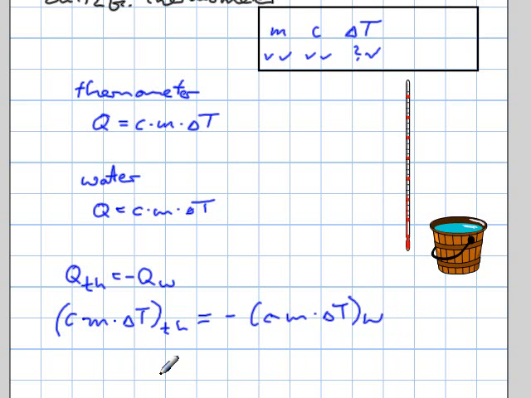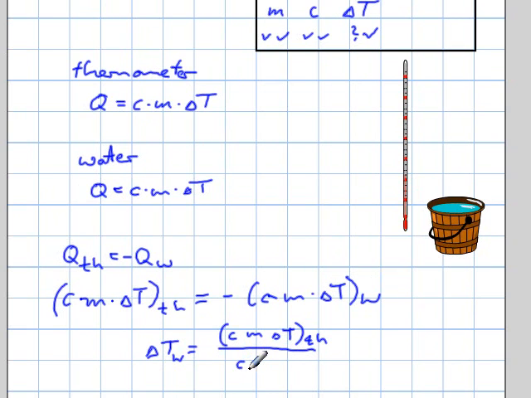Could have also written H2O there. So delta T for the water therefore comes out to C M delta T for the thermometer, all being given: 815, 31 grams, and that was 29.5 degrees Celsius.